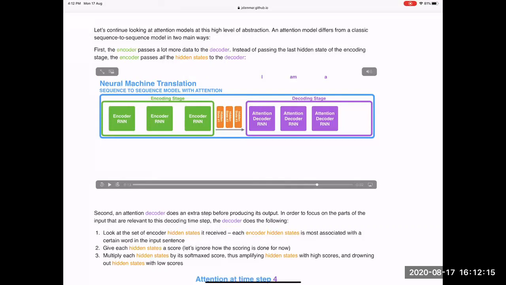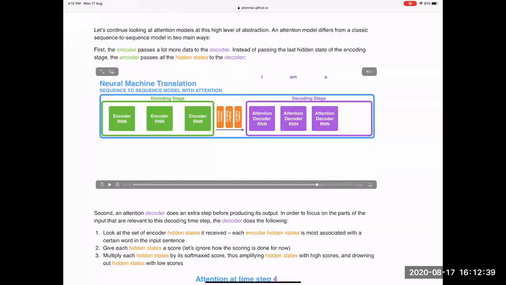First, the attention decoder is not only going to predict I, but also going to learn how much weight I should give to my first hidden representation, how much to my second, and how much to my third, and then merge them and get a single hidden representation.